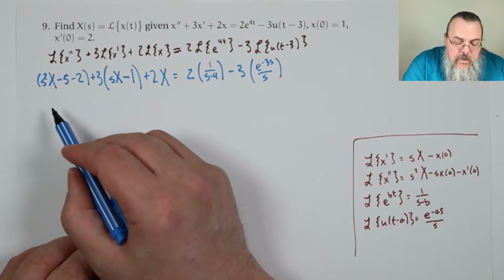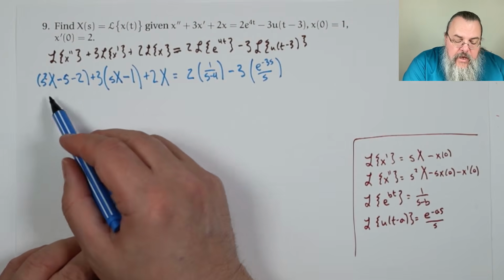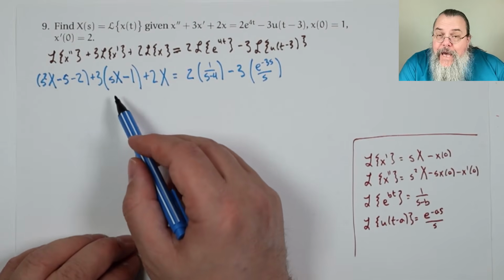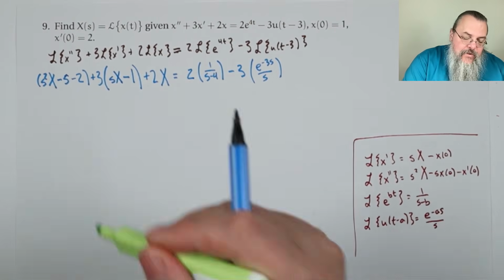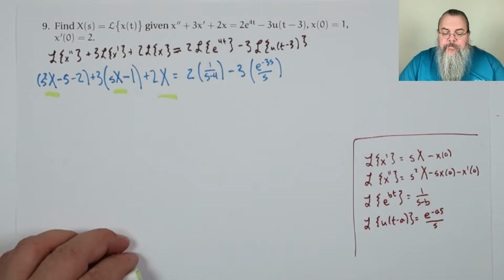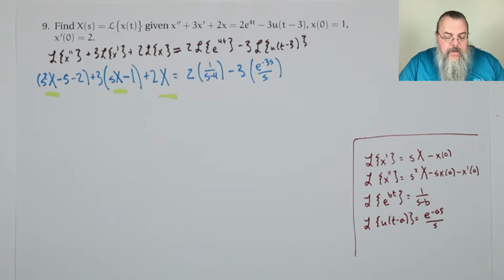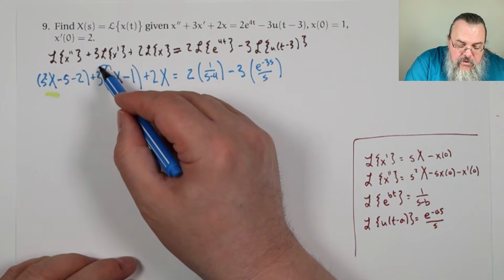Well, we can now gather. So let's gather our capital X terms, right? There's 3 of them. So we have one here, and here, and here. All right, so that would be, don't forget to distribute.